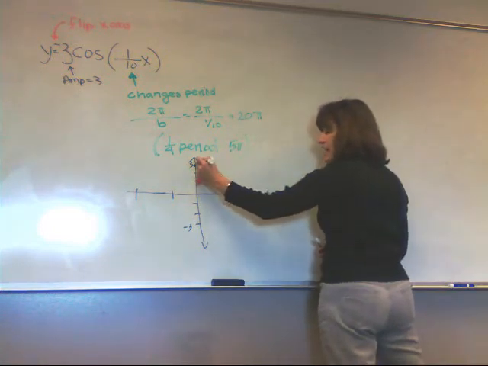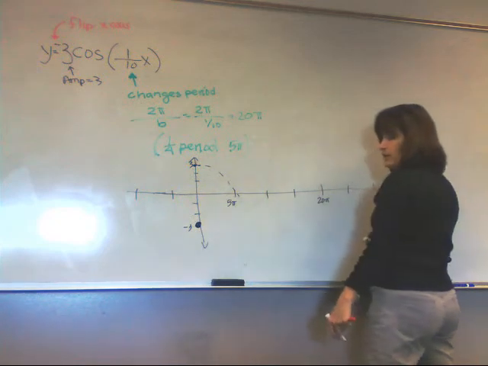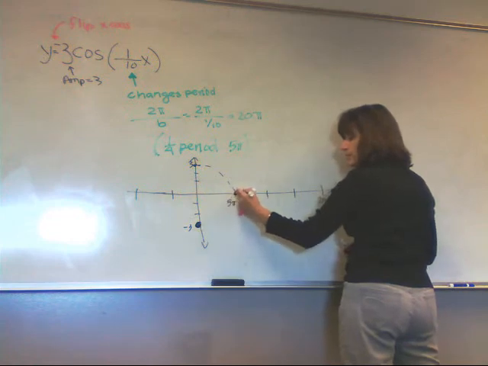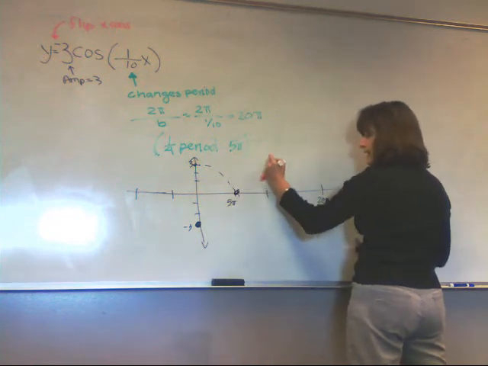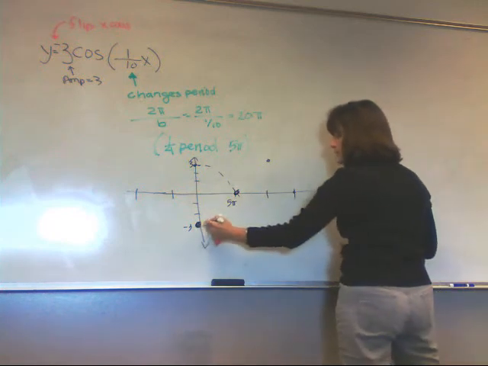Instead of starting at its high, it's starting at its low. The only way you can go from here is up every quarter period. So 0, low, 0, high, 0, low, and so on.